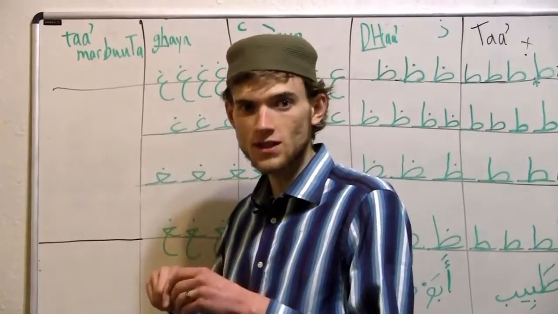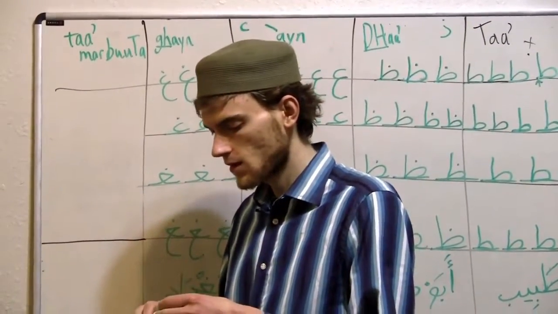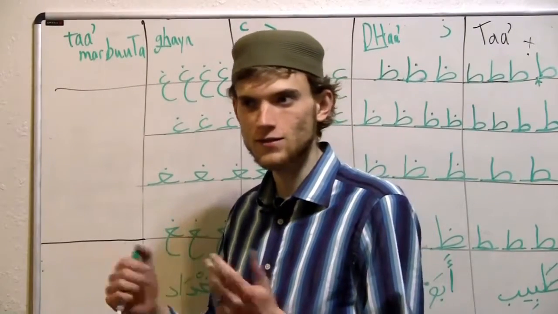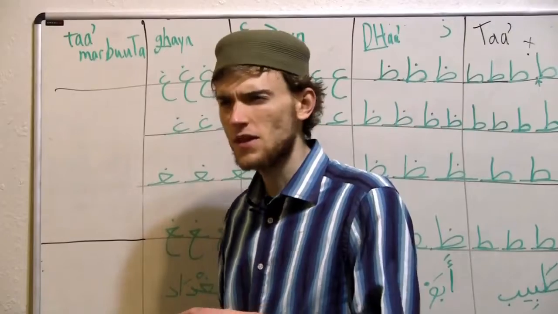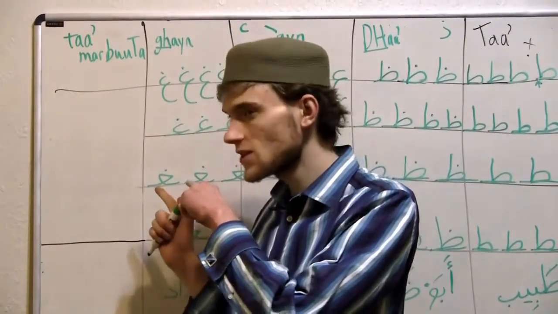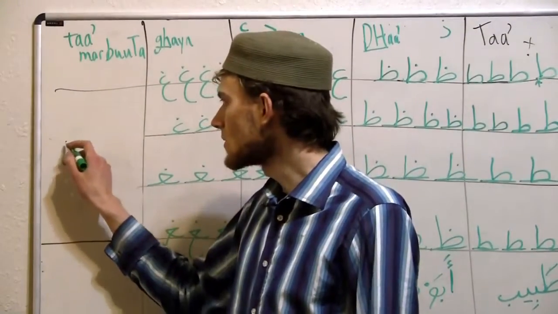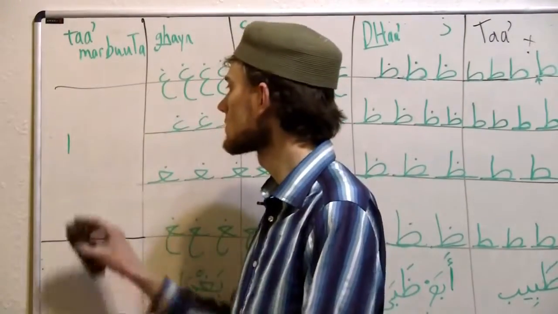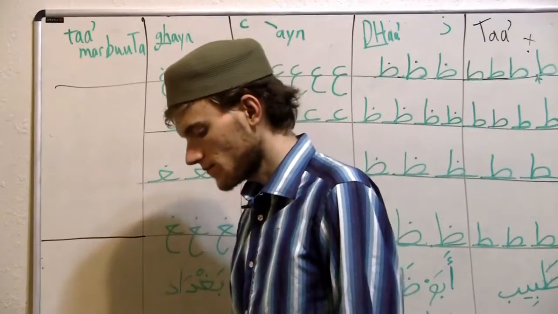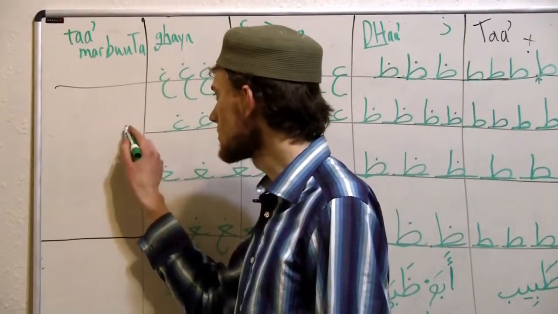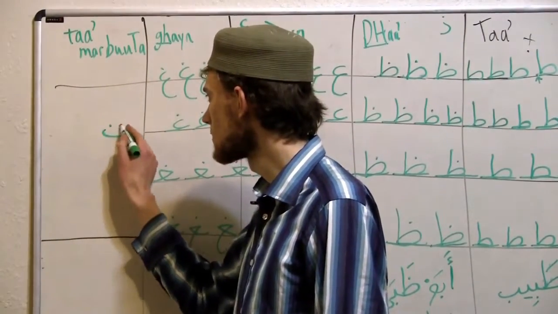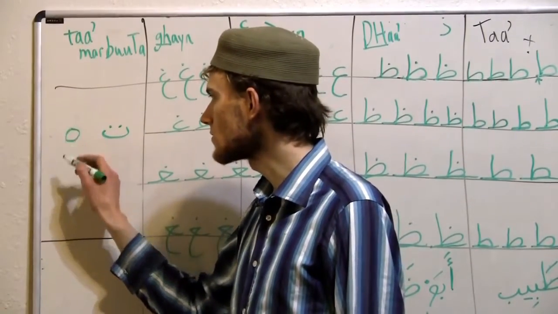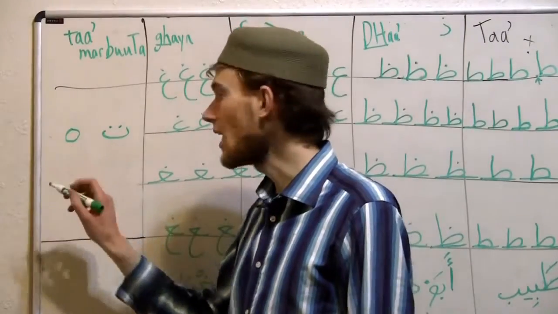We've already seen the ta, first letter in the Arabic alphabet. This letter is basically the combination between a ta and a letter that we haven't seen yet, which we'll get to soon inshallah, which is the ha.